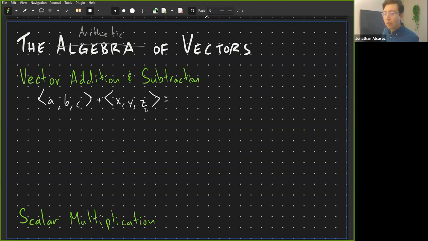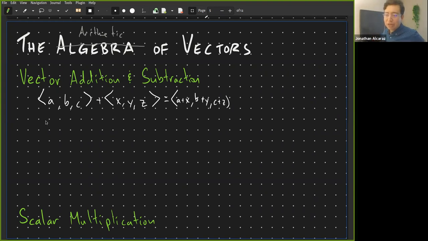Then the way we add these together is we just add together all of the coordinates. So this is a plus x, b plus y, and c plus z. The way I picture this is I'm putting these two ordered triples on top of each other, and then adding each of these coordinates together. 1, 2, 3, boom.